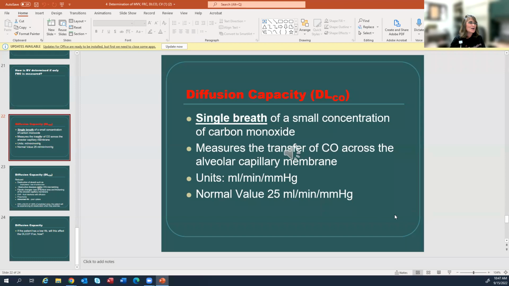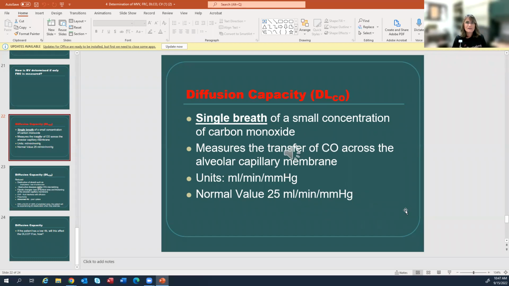So this is taking in one breath of a small concentration of carbon monoxide. And if there's enough alveoli present, if there's good hemoglobin present, the carbon monoxide will get absorbed into the blood and attach itself to the hemoglobin. And then when the patient exhales, there won't be as much carbon monoxide exhaled. So from that, the computer can calculate how their diffusion capacity is.